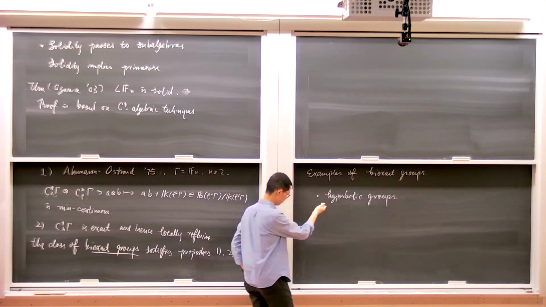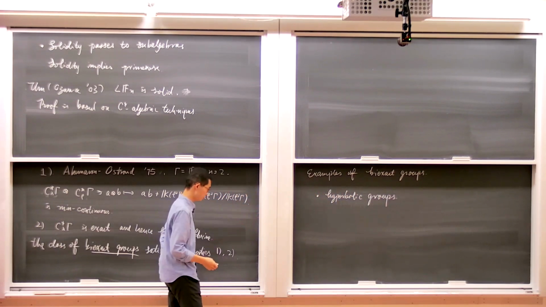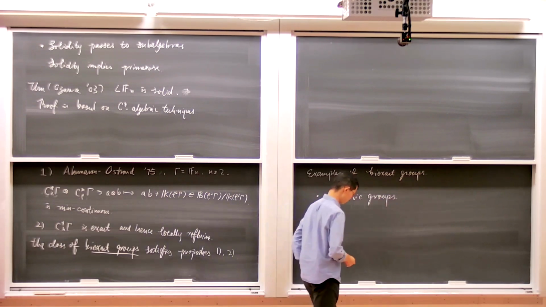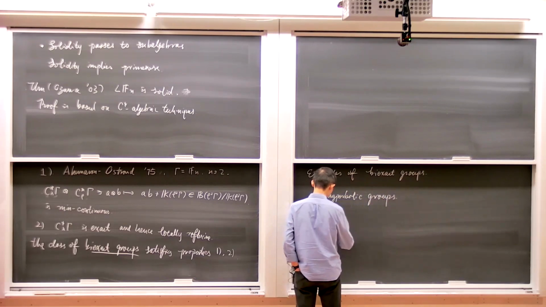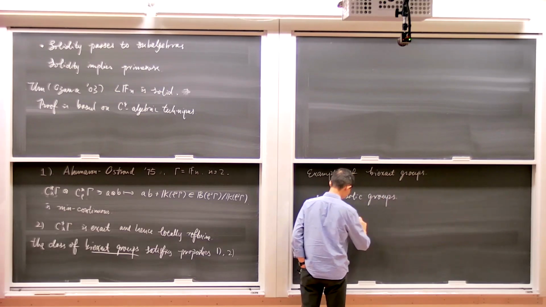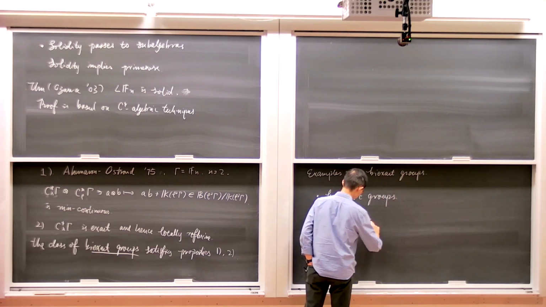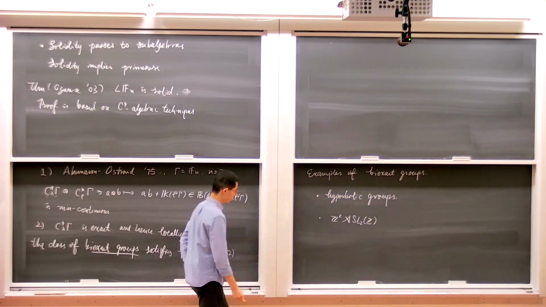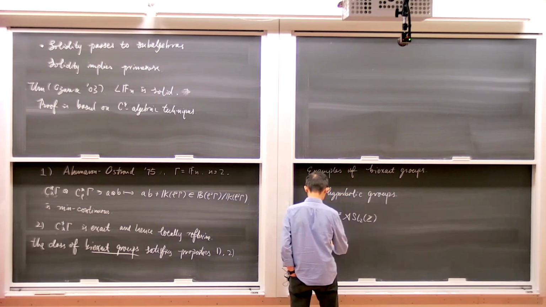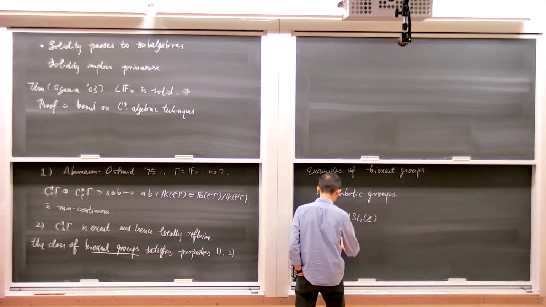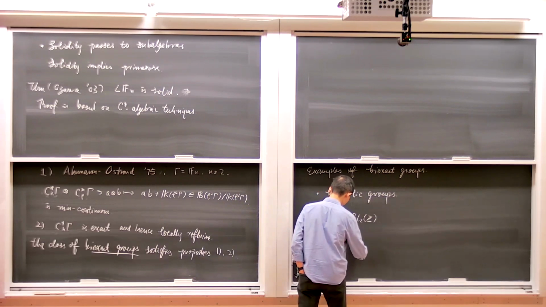So in particular, you will have some property T factors that are solid. Another example will be SL2Z cross Z2. This is also an example of a bi-exact group. And also you can look at wreath products.